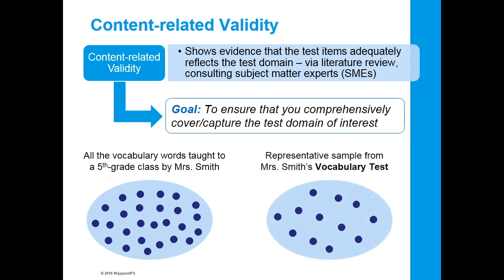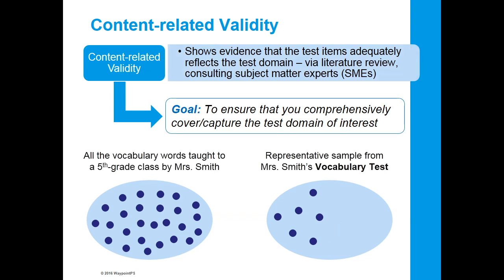So in this case, you'll want to make sure that you capture a representative sample of the items that she taught. So here we want to make sure that she has some easy vocabulary words, some moderately difficult vocabulary words, as well as very difficult words. So in this case, visually, you can see that the items presented in the test are representative of the population of the 100 vocabulary words.